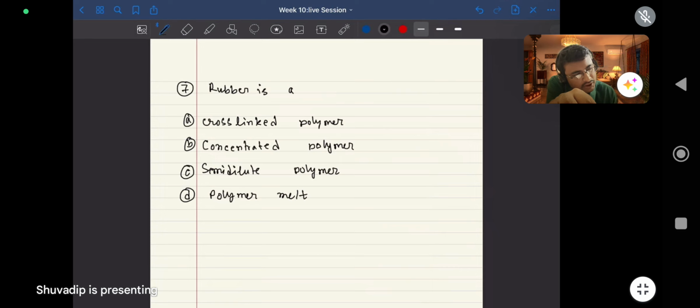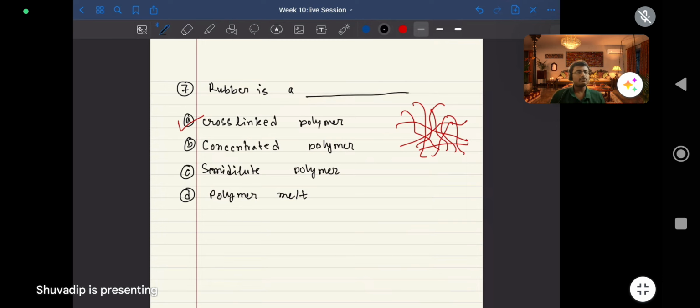So essentially in this case, as you know, rubber is a cross-linked polymer, because there are multiple chains which are cross-linked like this, and that forms the elemental rubber. So this is a cross-linked polymer. This is the fill in the blank type question. So rubber should be a cross-linked polymer.